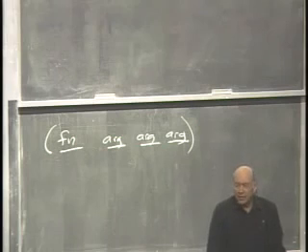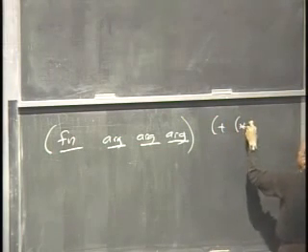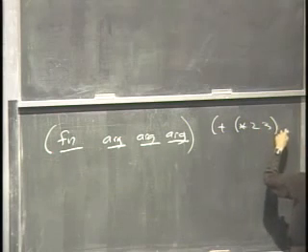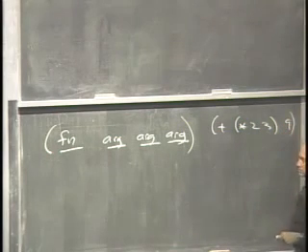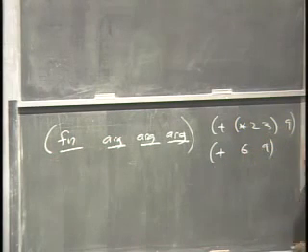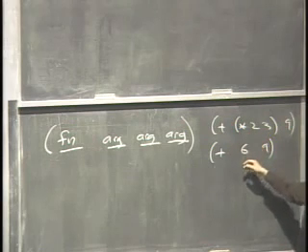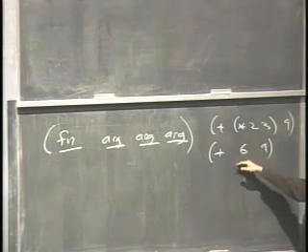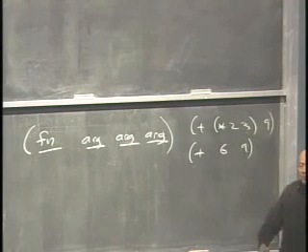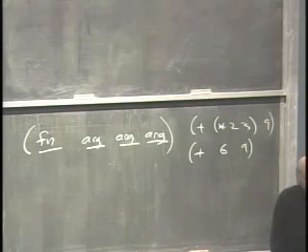If you say plus times 2, 3, 9, or you say plus 6, 9, the plus function doesn't know which one you typed. It only knows the value, not the expression. So that's how Scheme does function calls, except for the exceptions. And the exceptions are called special forms.